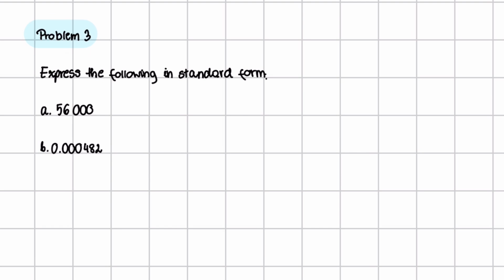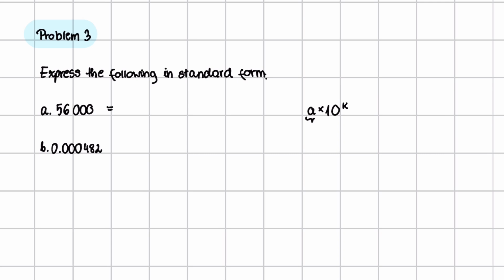Now we have to express the following in standard form, so this means that we have to express these numbers in scientific notation, because the first number is very big and the second number is very small. So we have to remember that this scientific notation, its form is like this.